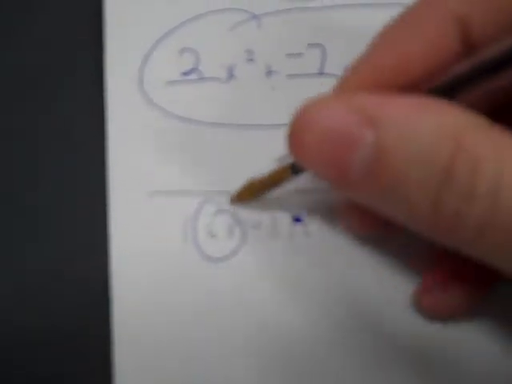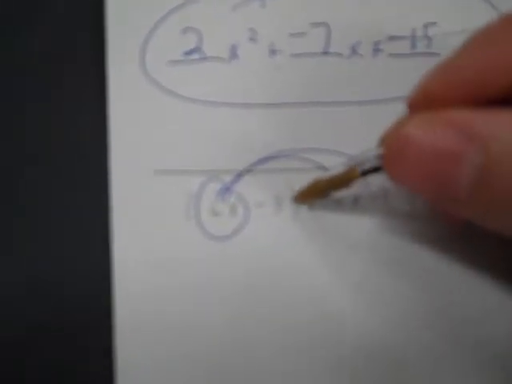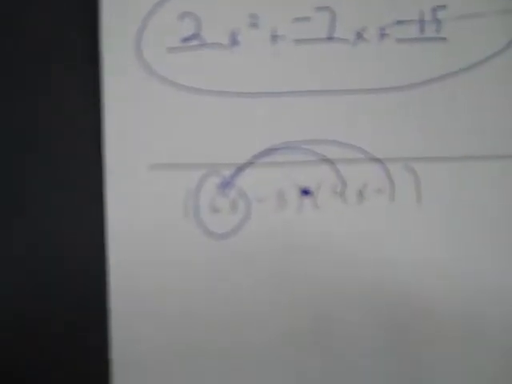Okay, next one, 6x minus 3, and then the operation is times, if I don't see it, and then 4x minus 1. So with times, you need to draw rainbows. So I got 6x to 4x and 6x to negative 1. Okay, you don't do that to the negative 3. If they're in the same parentheses, you don't draw a rainbow. So I have two rainbows coming out of the 6x.